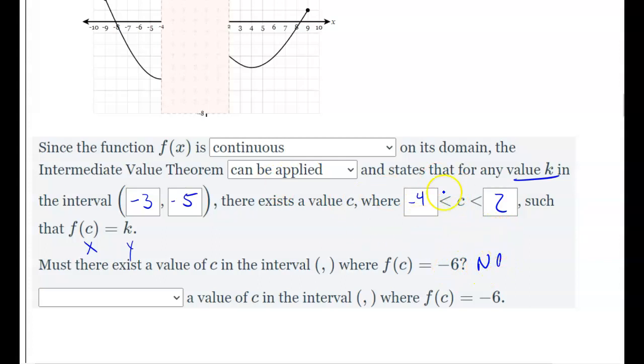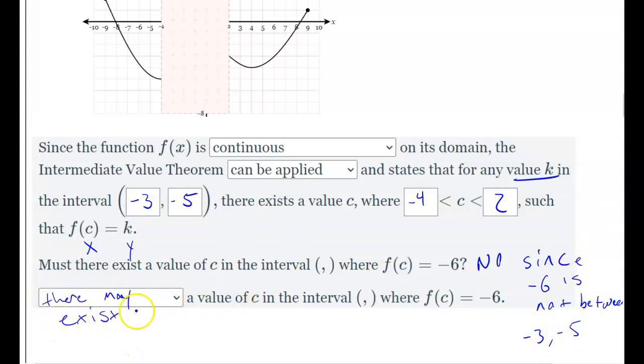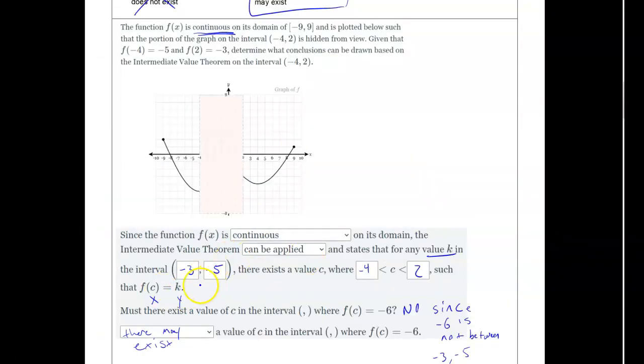And the answer here is no, right? And the logic here is, since -6 is not between -3 and -5, we say there may exist here. We don't pick there does not exist, because it might exist, we just cannot prove it. So the thing to know here is where the y values and where the x values go in your proof.